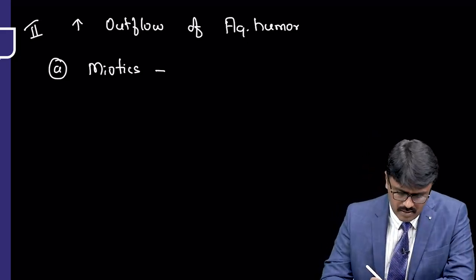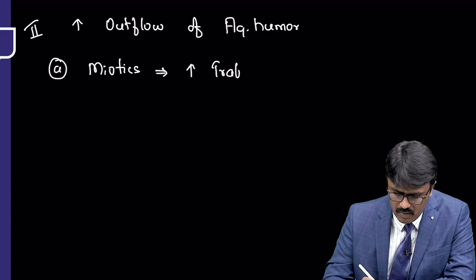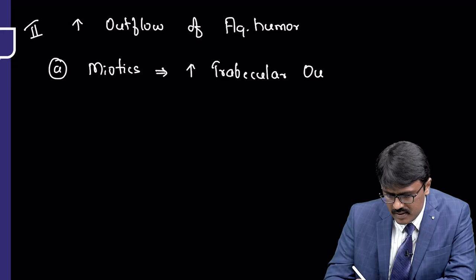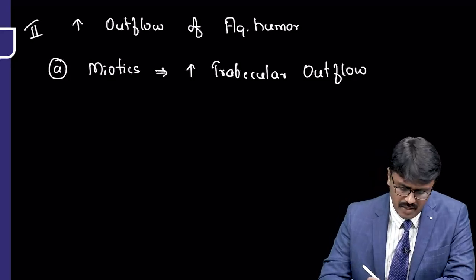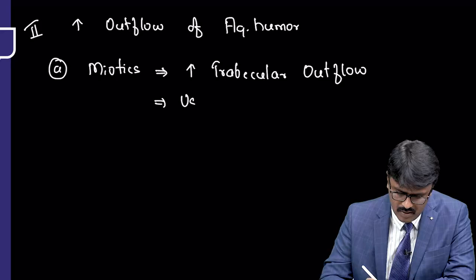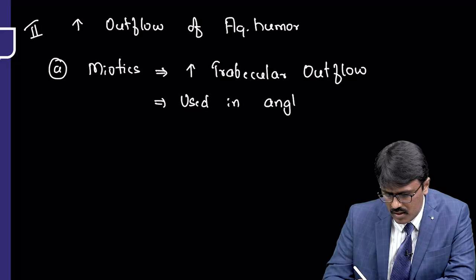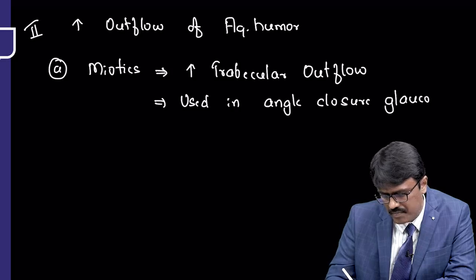Now the miotics increase an outflow called trabecular outflow. And they are used in angle closure glaucoma.